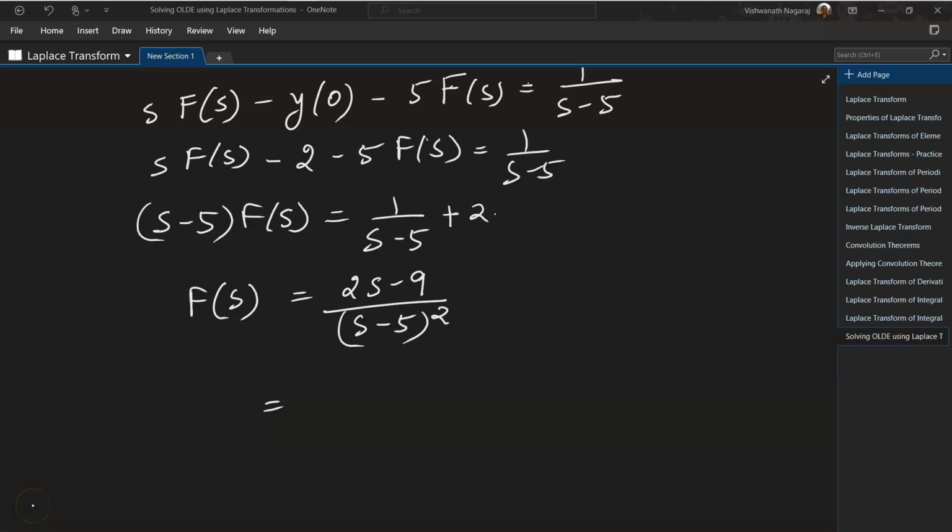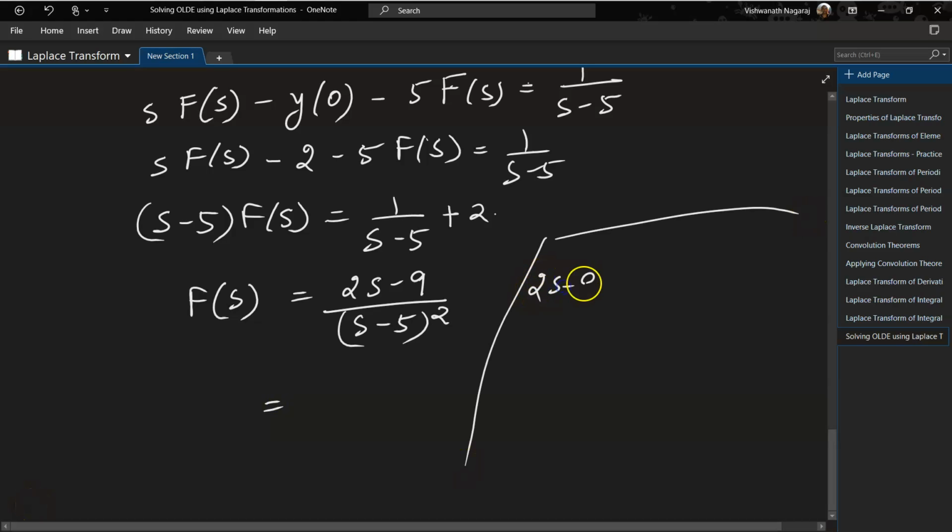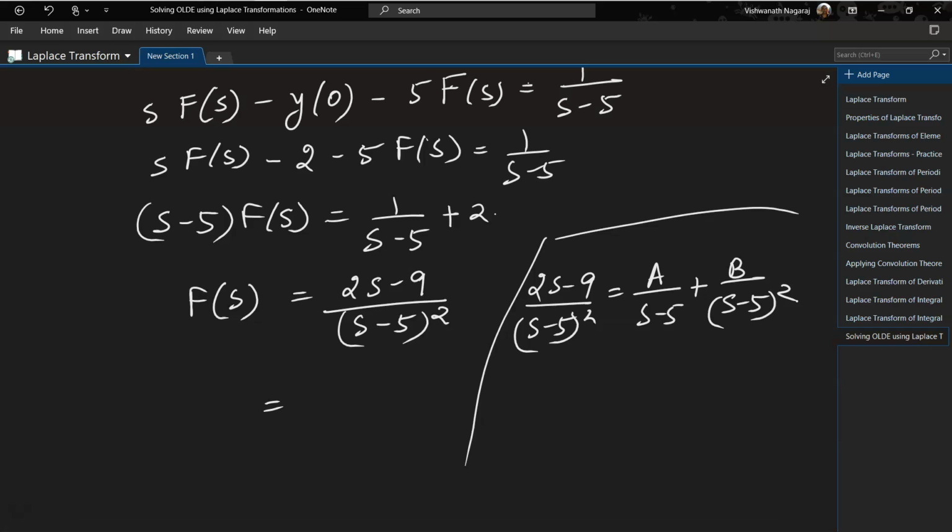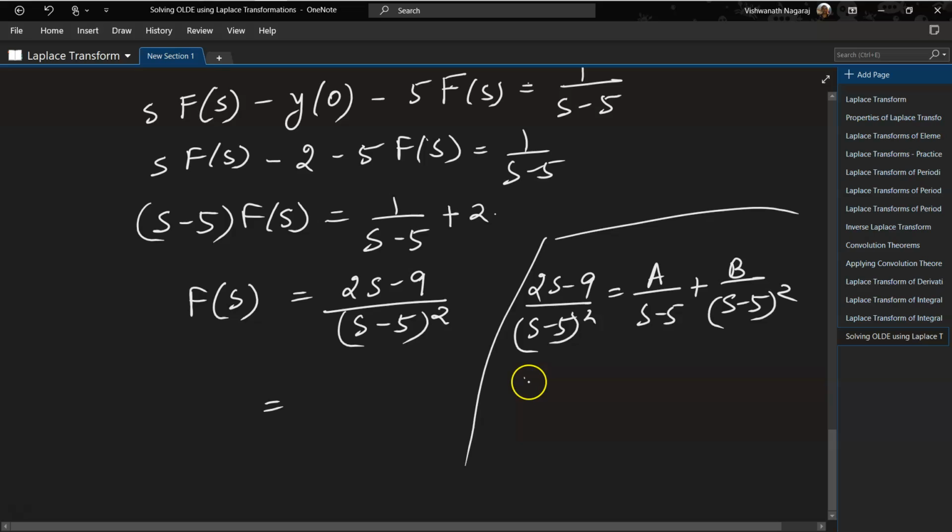Let me do this separately. So we have 2s minus 9 by s minus 5 square is equal to a by s minus 5 plus b by s minus 5 square. By the way, I have a separate playlist on just partial fractions. Okay, now let's add them up.